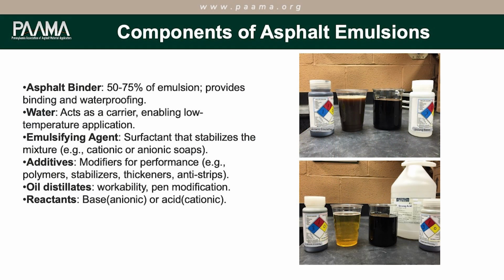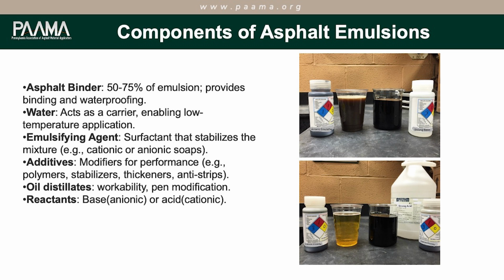Components of asphalt emulsions. So roughly 50 to 75% of emulsion is asphalt binder. This provides the binding and waterproofing that we're looking for to create and preserve roads. There's water that acts as a carrier, which enables that low temperature application.